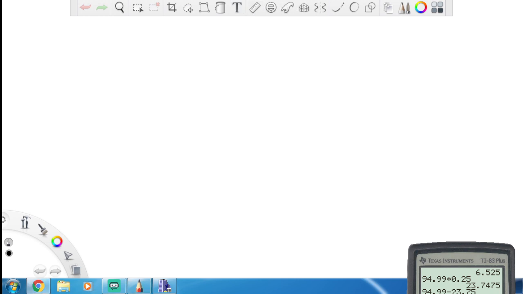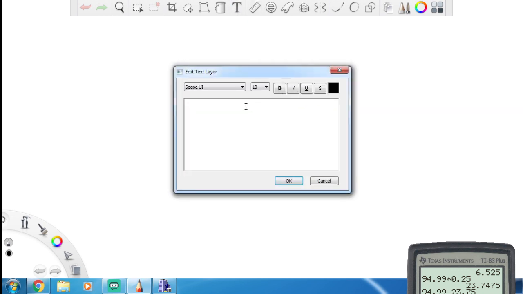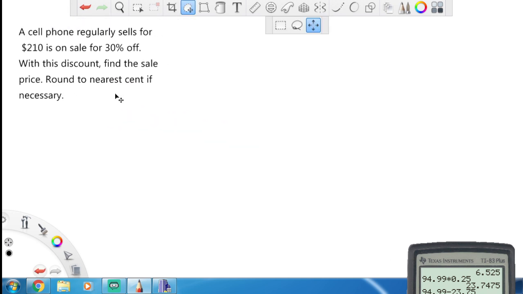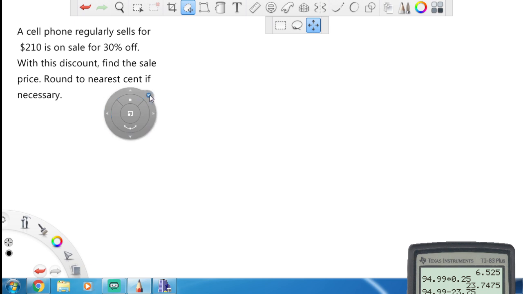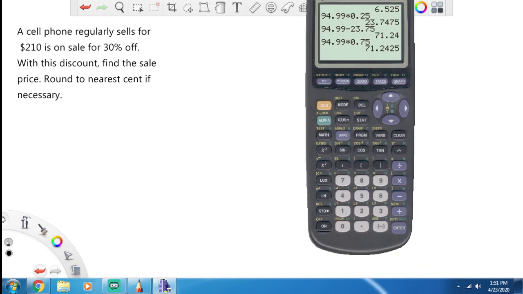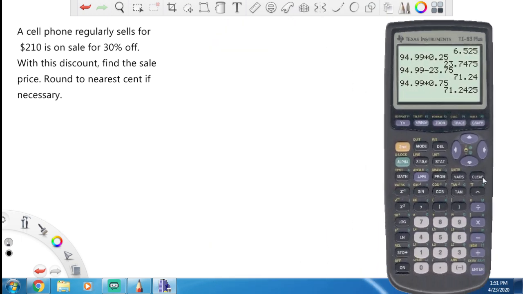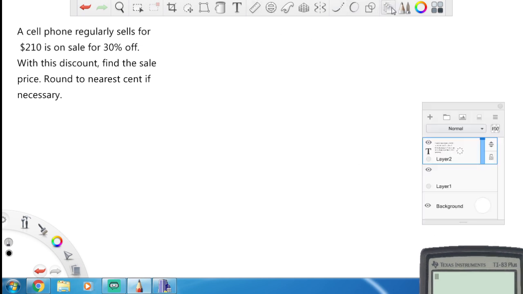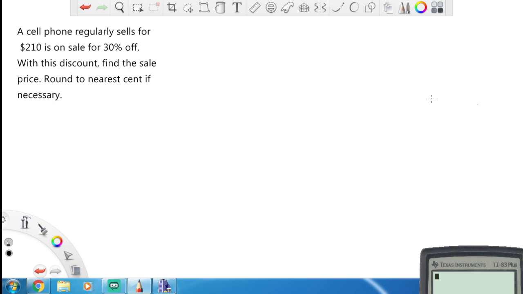Alright, I still want to look at 9 and 10 today, even though they are probably going to be done the same way. So a cell phone regularly sells for $210 and is on sale for 30% off.